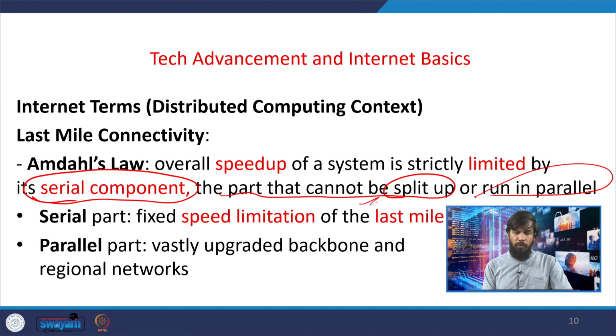It cannot be parallelized, and therefore speed up will not happen in that component, and it will act as a bottleneck. Therefore, the overall speed up will be limited by how much we improve this part.